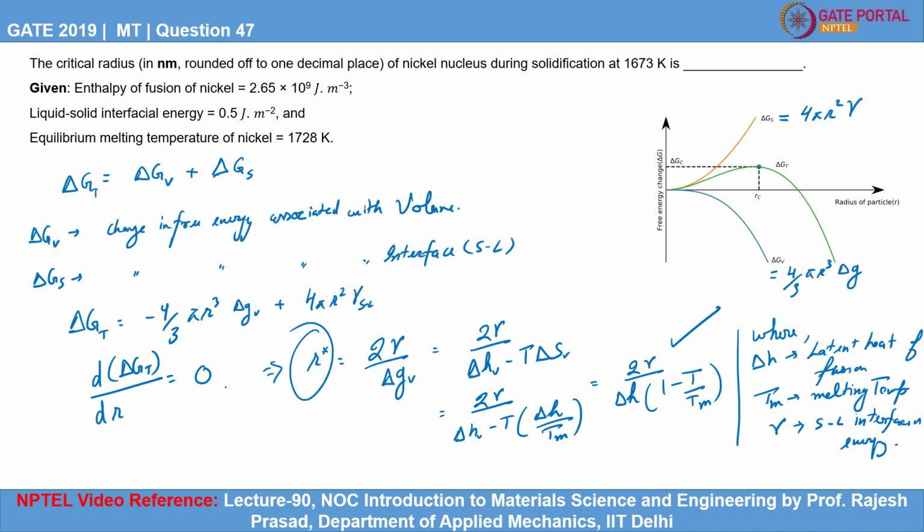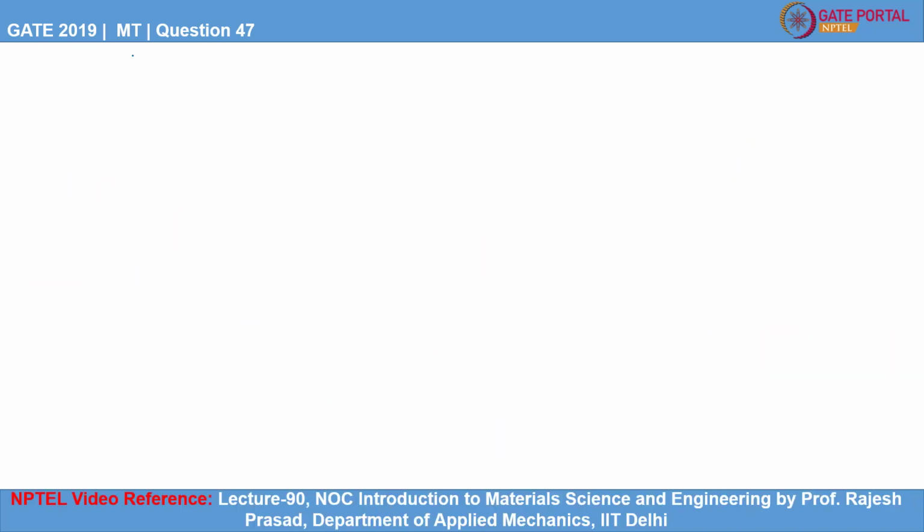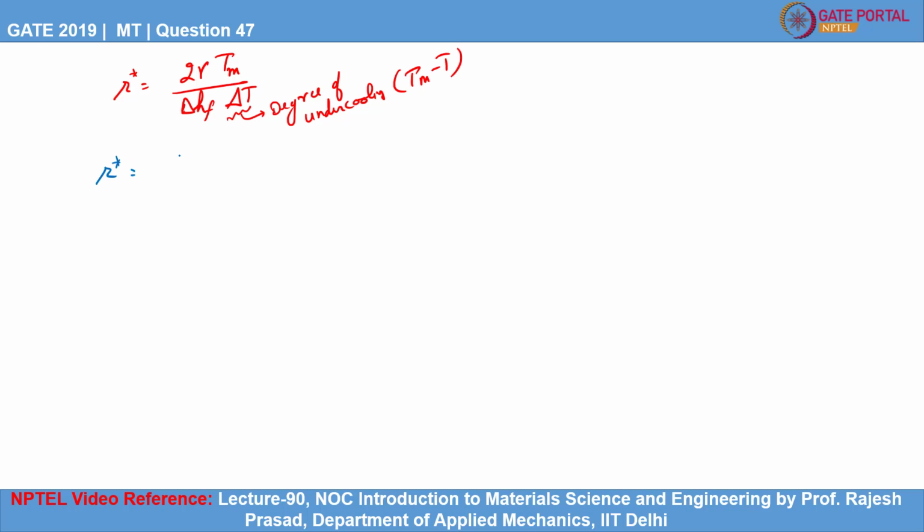Okay, so we will put all the known values. So the equation can be written as r star is nothing but, here delta T is degree of undercooling and it is nothing but Tm minus T. So r star can be found to be, what is the value of interfacial energy? It is given to be 0.5 joule per meter square.